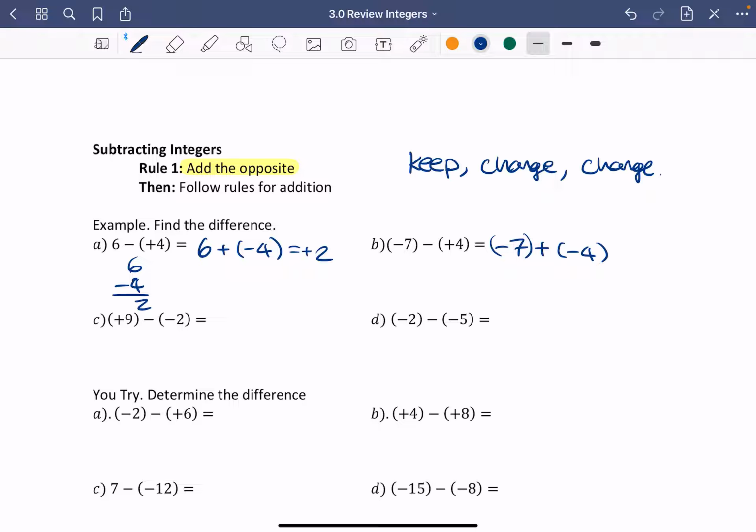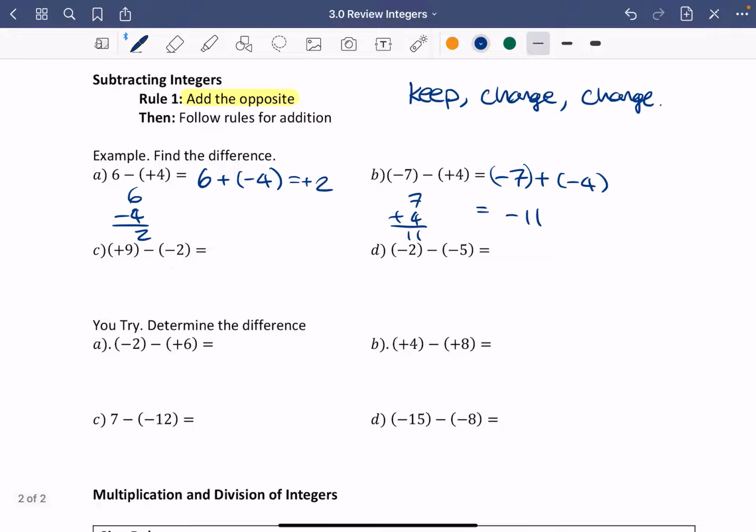So it's -7 plus -4. They have the same sign, so you're going to add the numbers, 7 plus 4, 11. And you keep the sign, both negative, so that'll be -11.